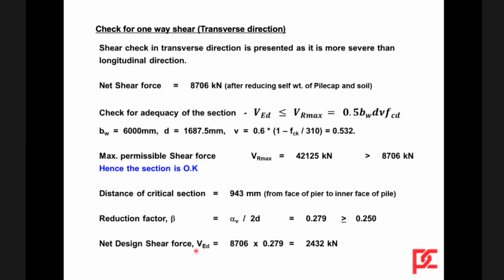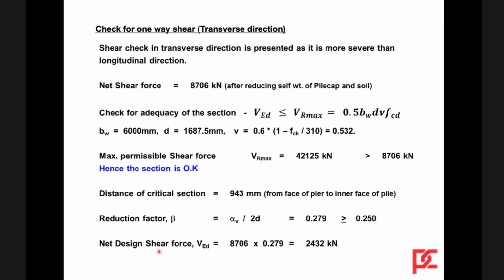Then we have checked even very near to the pile face, taking the critical section at the pier inner face. The reduction factor, alpha v by 2d, is 0.279, which is less than 0.25.